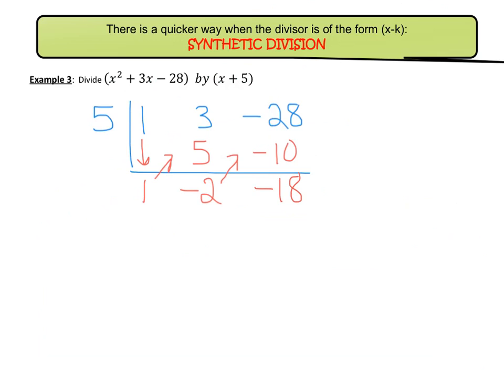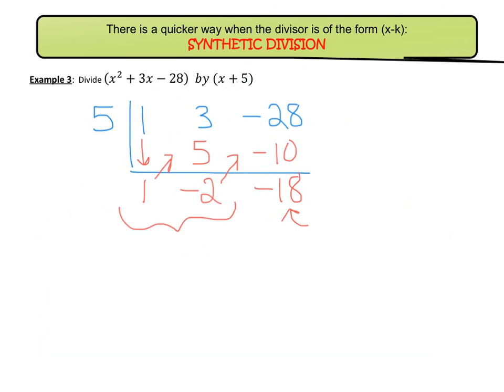Now, what does this mean? This right here is our remainder, and this right here is our quotient. It's the coefficients of our quotient, always starting from the constant term and working up in ascending order of powers. So our quotient is actually 1x minus 2.